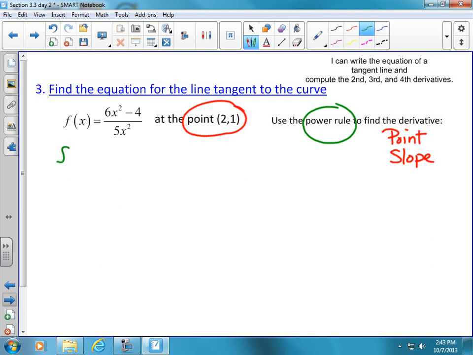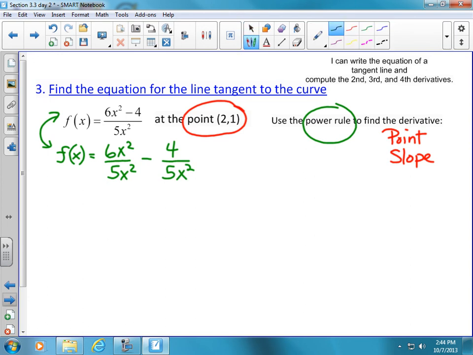Let me show you how we are going to rewrite this equation before we start to use the power rule. First of all, we're going to take 6x squared over 5x squared minus 4 over 5x squared. This is just the same function rewritten. I've split it up into 2 parts.